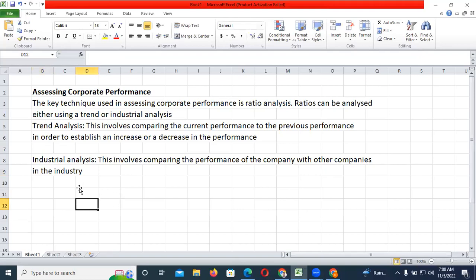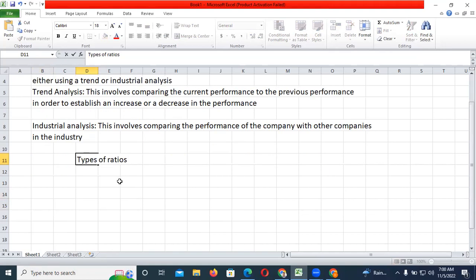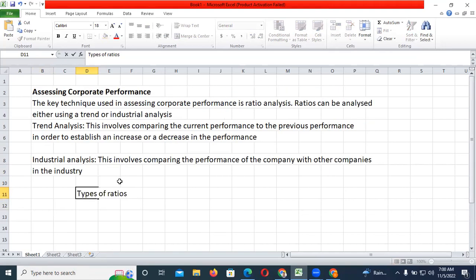So let's look at the types of ratios. Ratios can be classified into 5 major categories. It depends on what you want to measure. The first ratio we are going to talk about is profitability ratios.